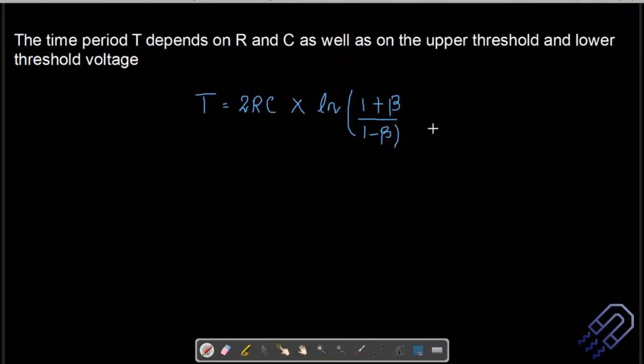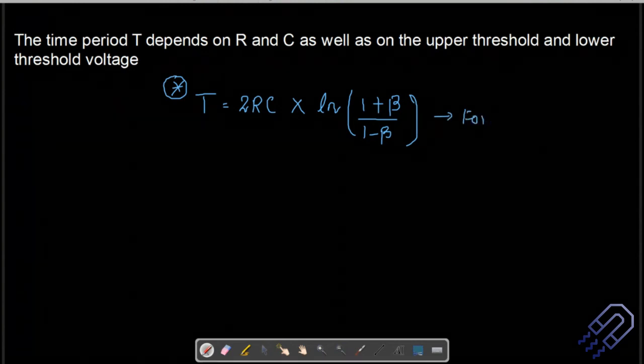For your exam purpose, you probably just need to remember this formula. This is important. We can derive it, but I'm not going to derive it. I'm just going to spare you from knowing the derivation. But please remember this for numerical problems.